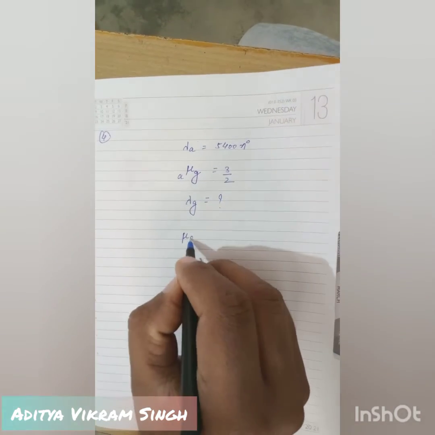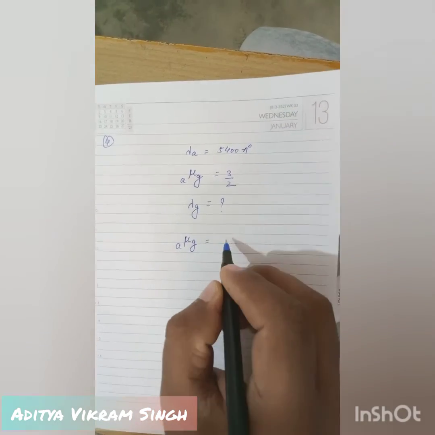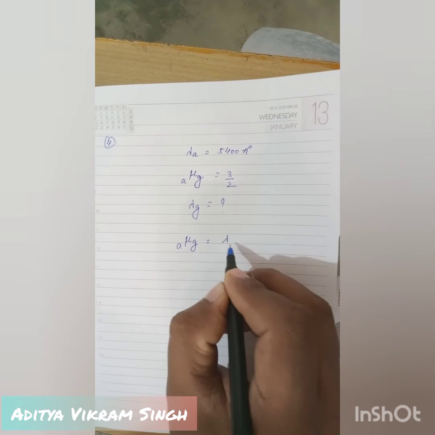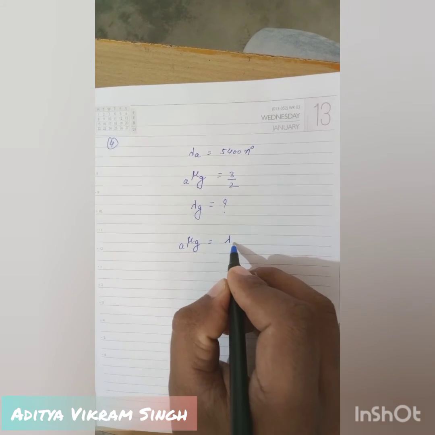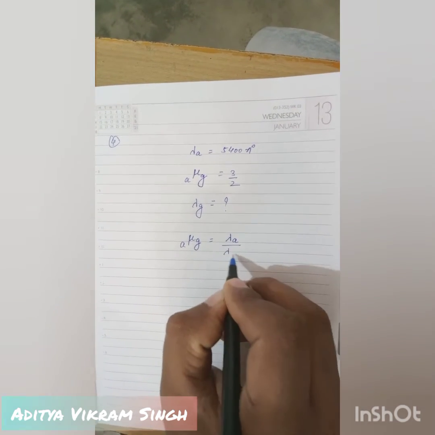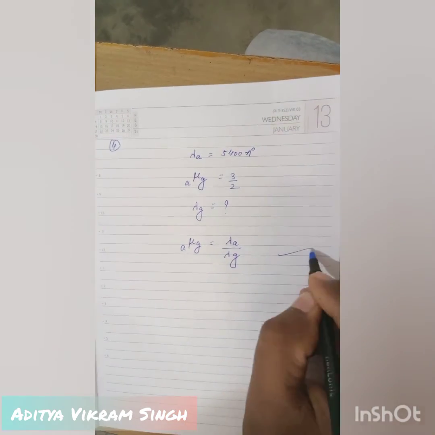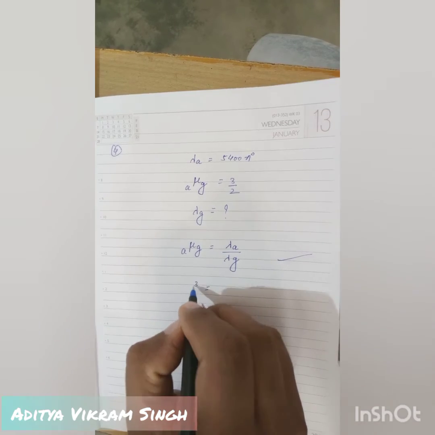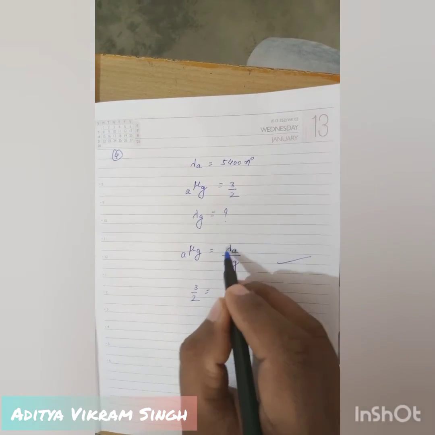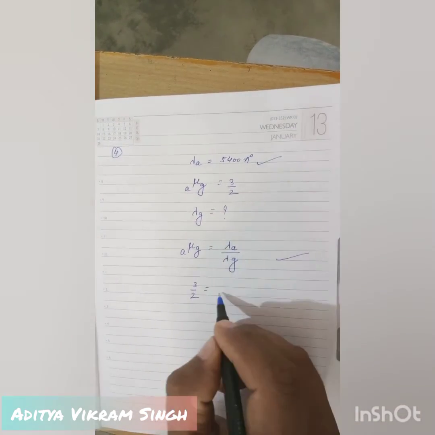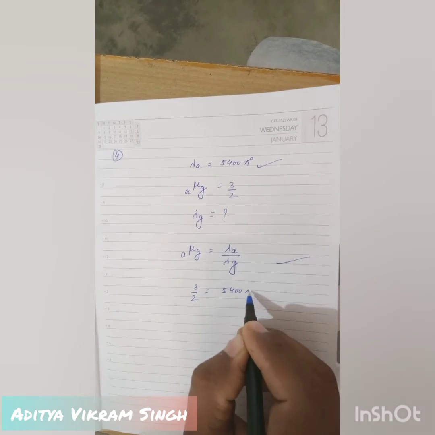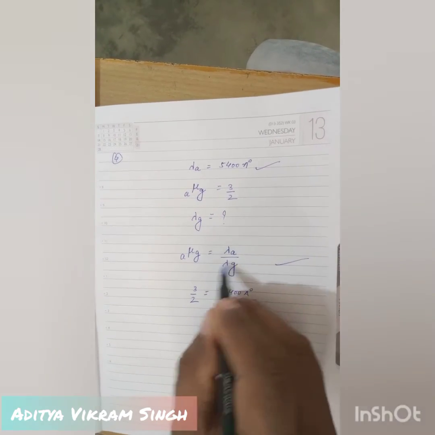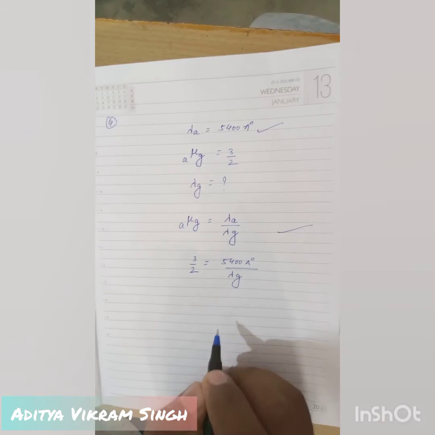Refractive index of glass with respect to air is related with wavelength in such a way that it is the wavelength of air divided by wavelength of glass. Okay, so refractive index of glass with respect to air is given, which is 3 by 2, and wavelength of air is 5400 angstrom. Now we have to find the wavelength of glass.